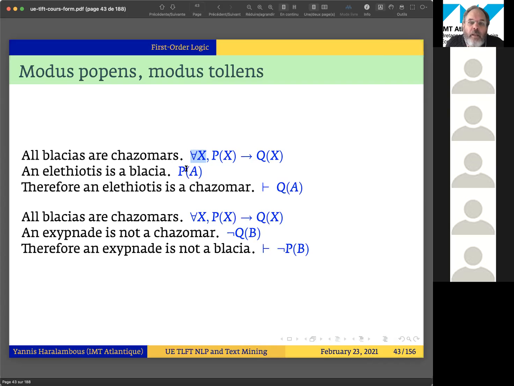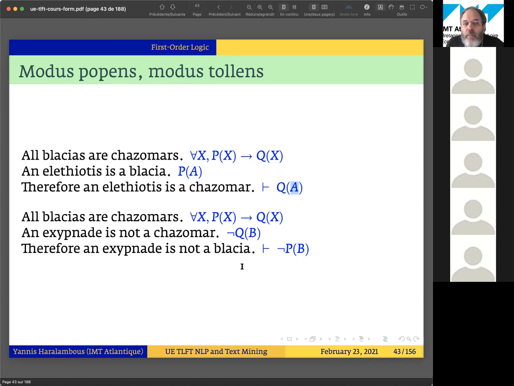And then I take a special case, an elithiotis. I call this A. And I'm saying P of A. So an elithiotis is a blasia. My deduction is that I have that an elithiotis is a casomer, because for all X, Px implies Qx.